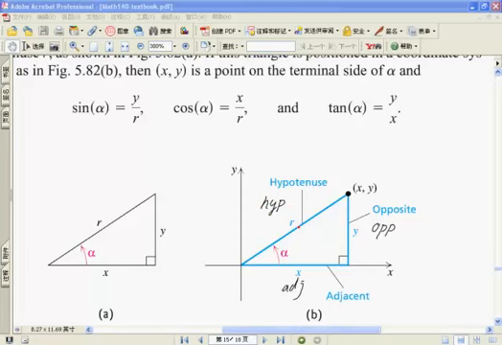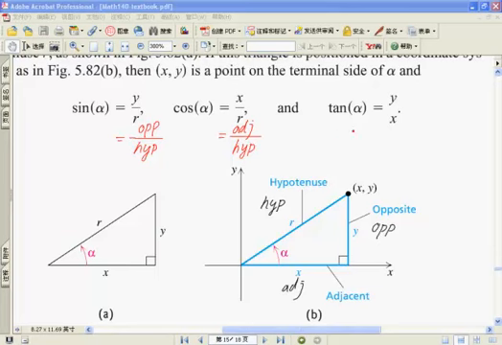Then we can express sine alpha as y, that is the opposite, over r, that is the hypotenuse. Cosine alpha is equal to adjacent over r, that is hypotenuse.